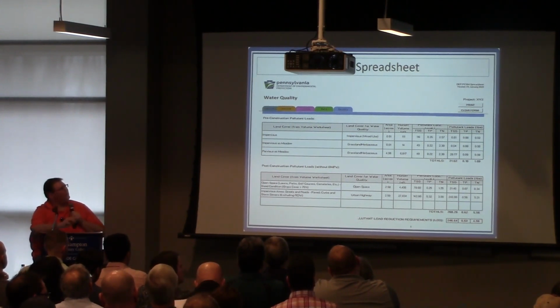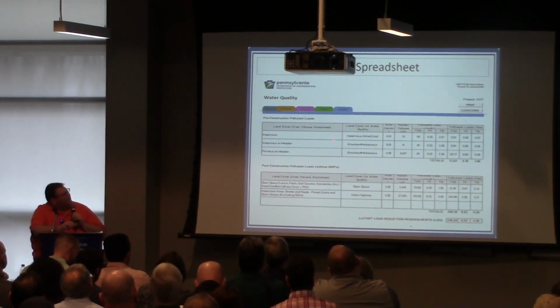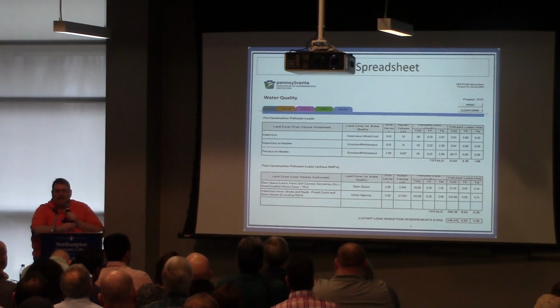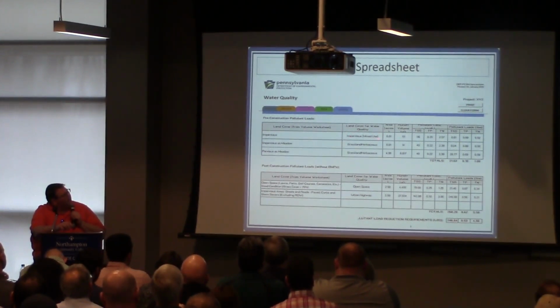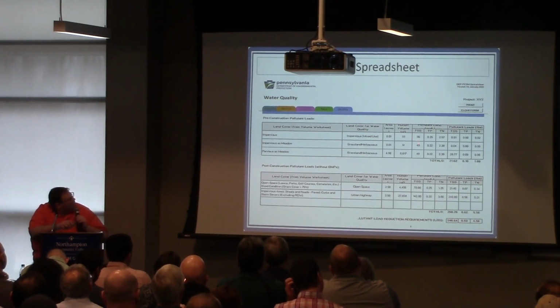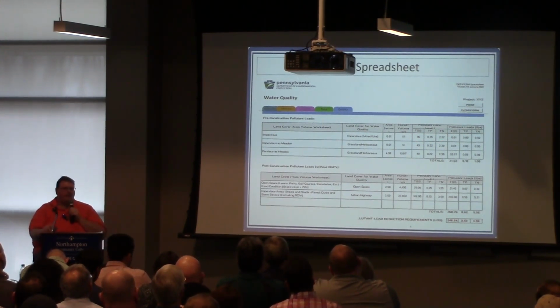The reason we have two different ones is because impervious can mean a lot of things. It can mean rooftop, it can mean streets, it can mean parking lots, it can mean a lot of different impervious. What this does, impervious mixed use, this actually identifies where these numbers are coming from, so where the pollutant loading is being generated.